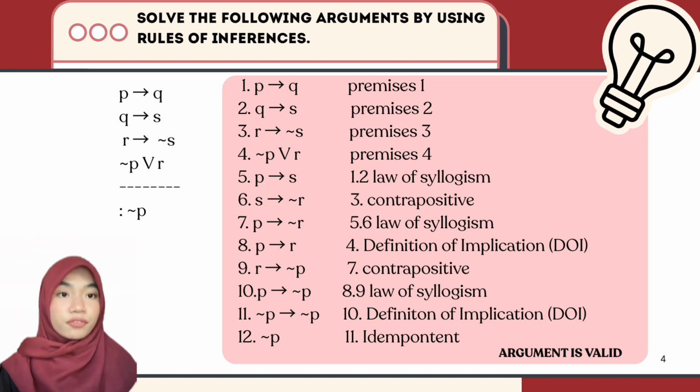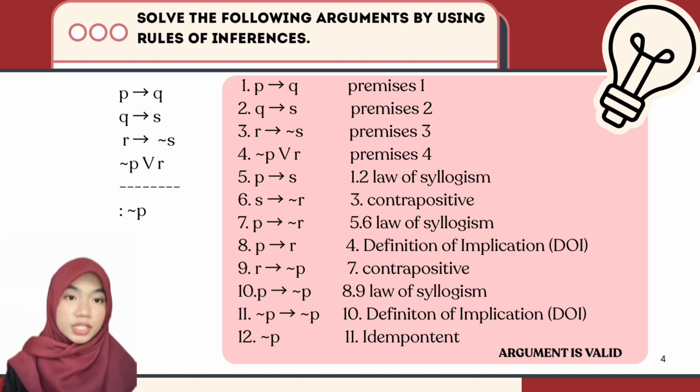For number 5, from 1 and 2, we use law of syllogism, and we get P implies S. For 6, we use 3, contrapositive, and we get S implies negation R. For 7, we use 5 and 6, law of syllogism, and we get P implies negation R. For 8, we use 4, definition of implication, and we get P implies R.